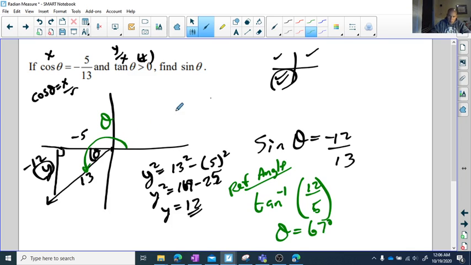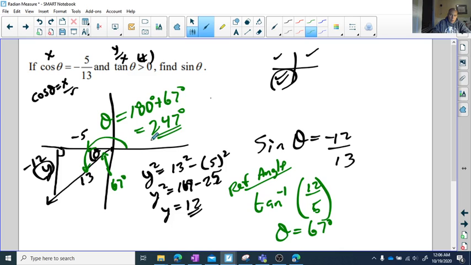Now that's not the answer. 67 degrees would be in quadrant 1. That's the little angle in the corner right here, the reference angle. Now we take our little bit of knowledge of rotation angles and say, well, from here to here is 180, and then this angle is 67, so this angle out here is 180 plus 67, which would be 247 degrees.